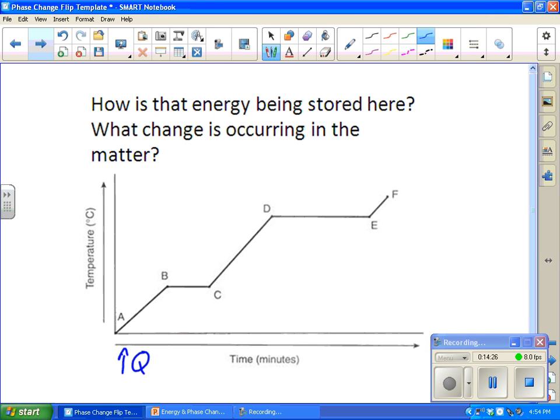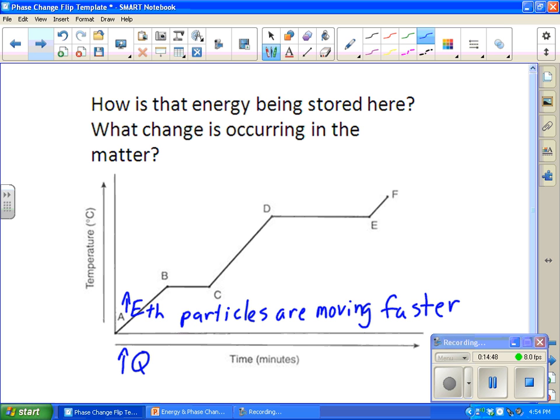Q's increasing here, the temperature's increasing. So there is an increase here in the ETH. The particles are moving faster. So the solid, remember this was the region where we had solid, the particles of the solid are moving faster. What happens between B and C? In this region, there is no change in temperature.